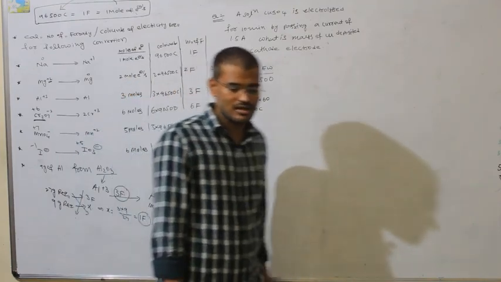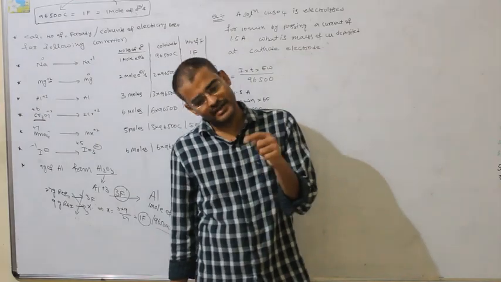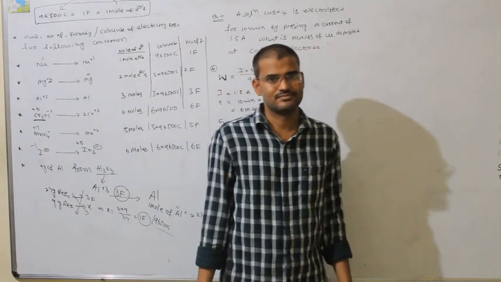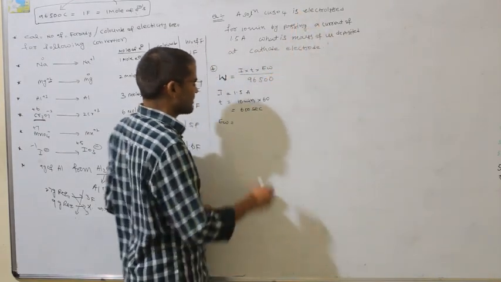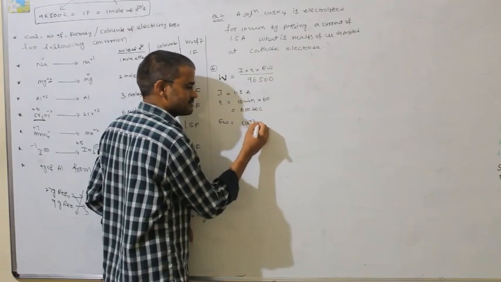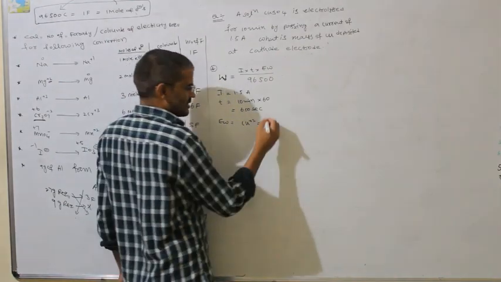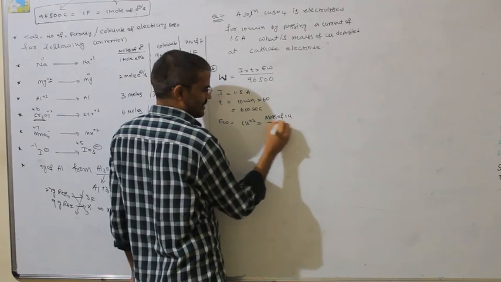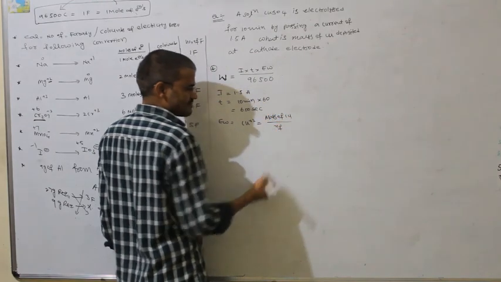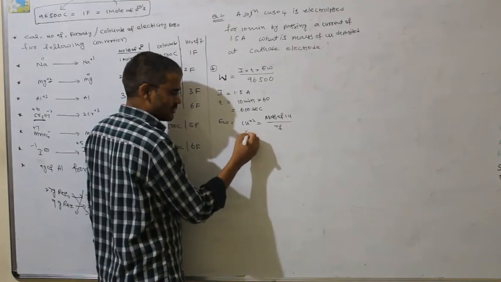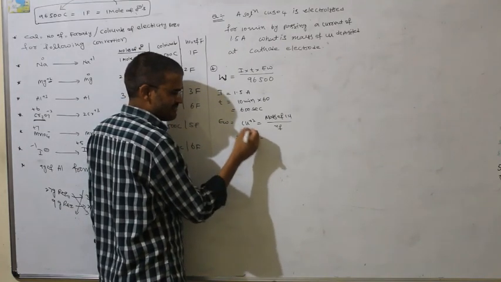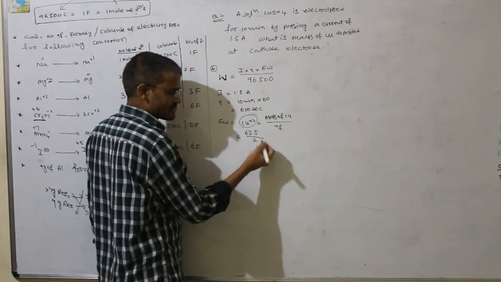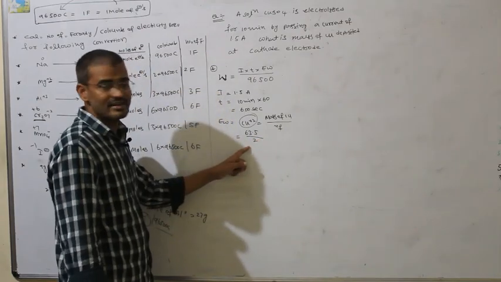Equivalent weight is equal to what? Mass of the element by its valency or n factor. In copper sulfate, copper will be coming as Cu plus 2. Mass of copper by n factor. So mass of copper is 63.5 by n factor. What is its charge? 2 plus. This is the equivalent weight.